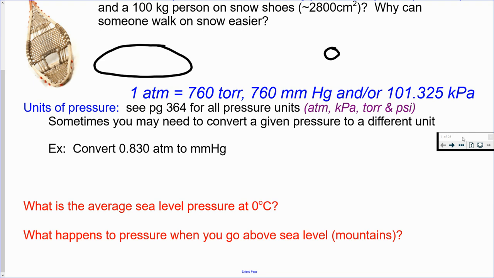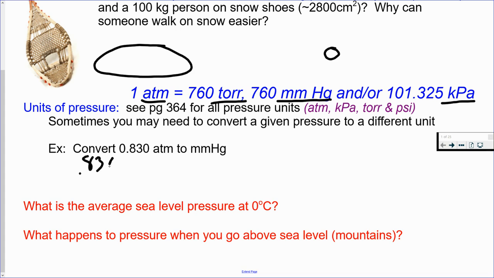When we talk about pressure in chemistry, we're talking about four different types of units. We're talking about kilopascals, millimeters of mercury, torr, or atmospheres. These would be your conversion factors, and we can talk a little bit about how we can convert from one unit to the next. So let's walk through one of those. Right now, we're going to put the given over 1.